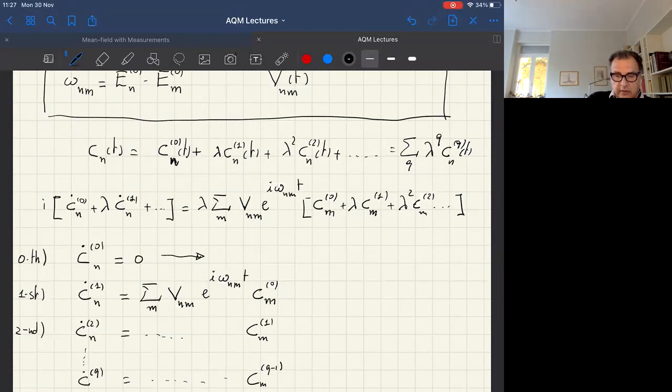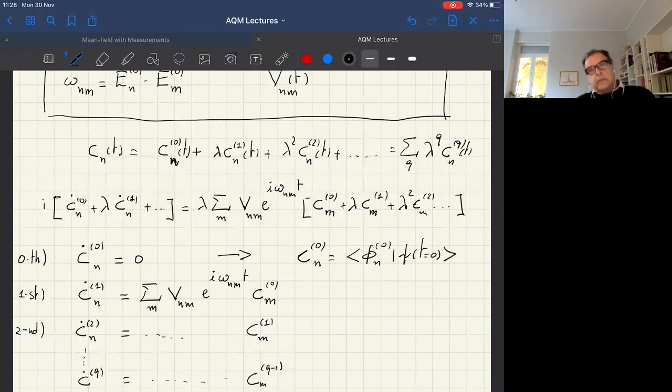It's just a quantity which depends on, let me write it directly, C0 of n is just equal to phi 0 of n psi at the initial time.